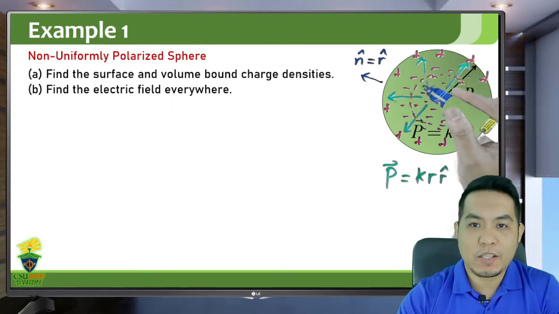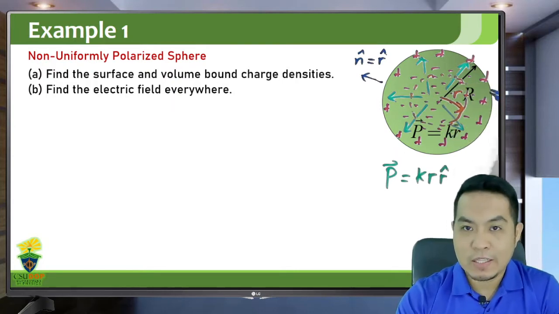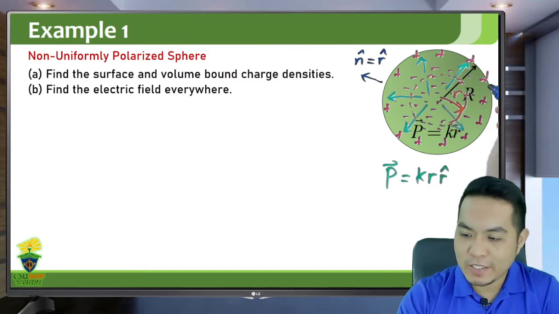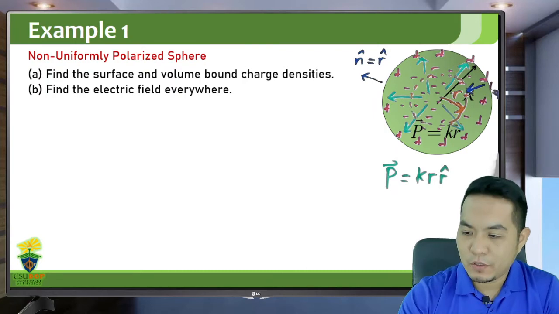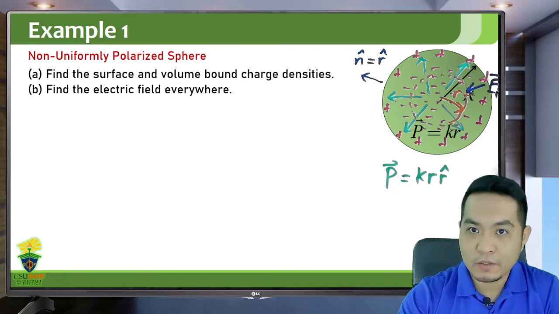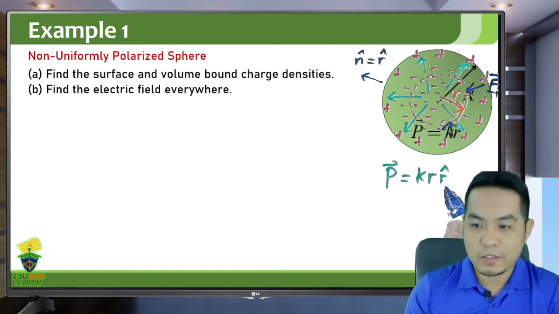Since the charges enclosed by our Gaussian surface are negative charges, the electric field inside must be inwards, towards the center of the sphere.